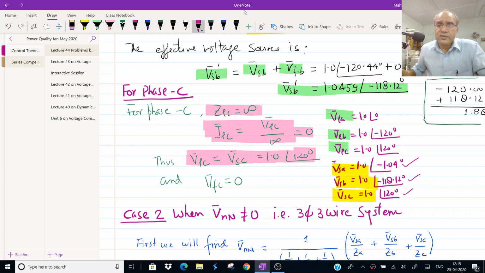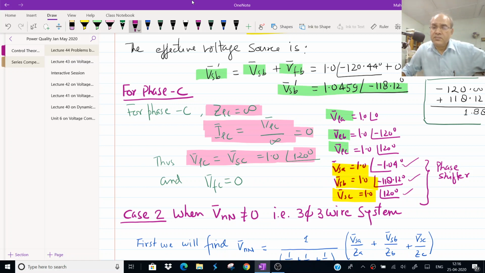So to maintain this voltage, the phase shift, we need to use some kind of a phase shifter to achieve this scheme. Okay, phase shifter. So the phase shifter will try to adjust the relative voltages such that the scheme gets correctly implemented.